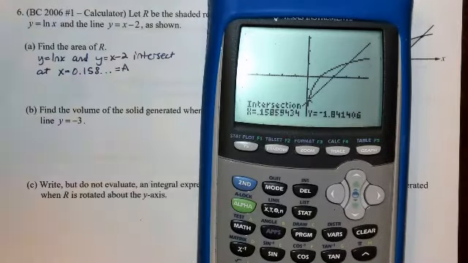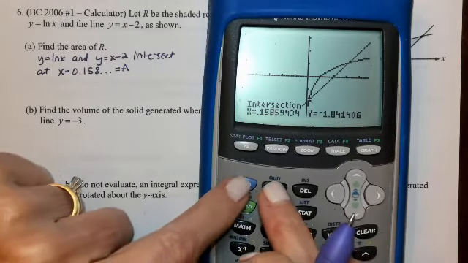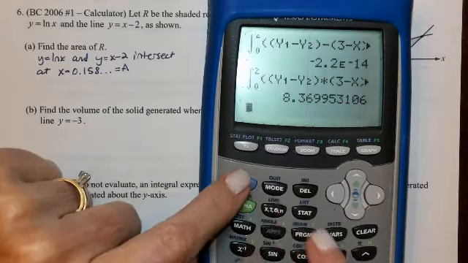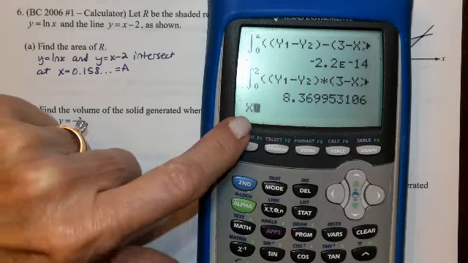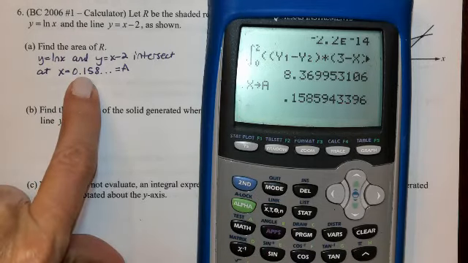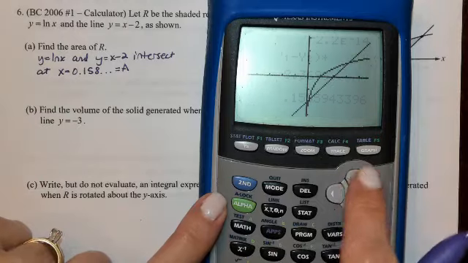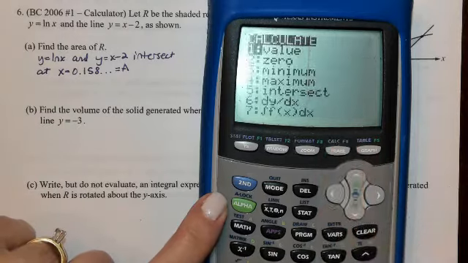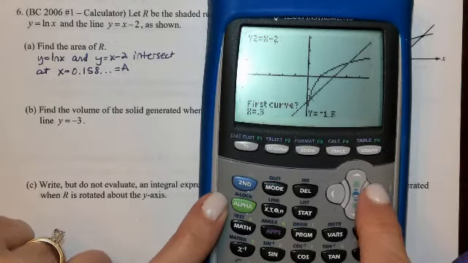I wish it would not go unfocused here when I do anything with this calculator. All right, so I'm going to go store that in for a. So I'm going to go to my home screen. Right now this value is stored in for x, so I'm going to store that in for a so I don't lose it. Okay, back to my graph. Second calc 5, let's go find our other intersection point.